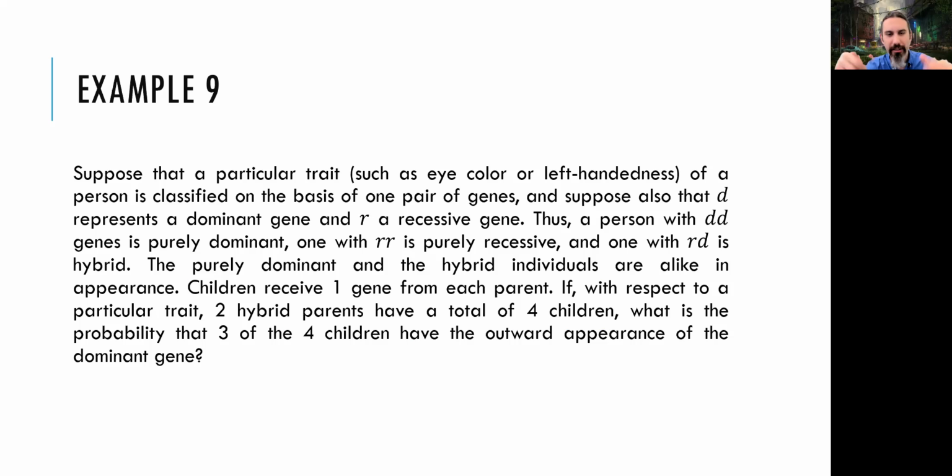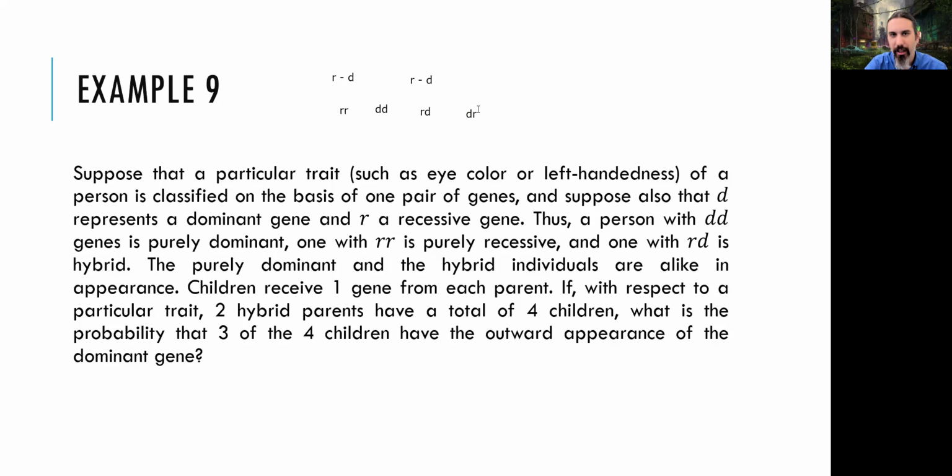But in here we have an R and a D here, and an R and a D here. So both of the parents are hybrid. So the kids will be either RR, DD, RD, or DR, depending on which one gives which one.